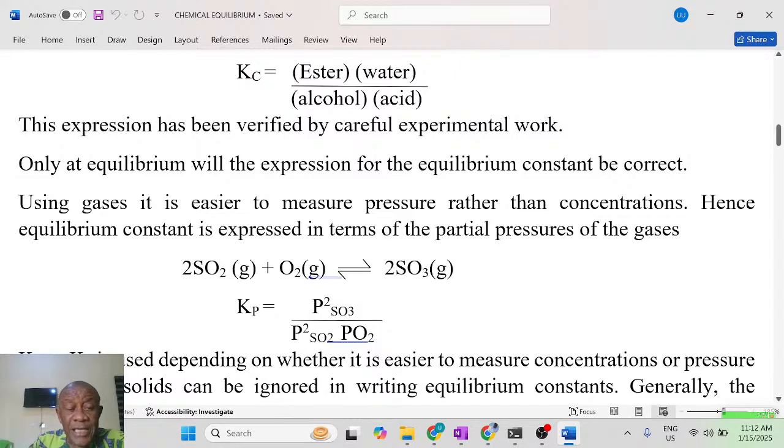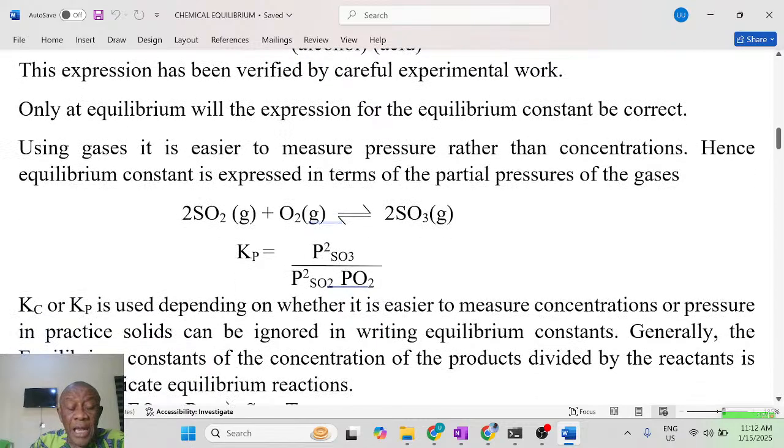Using gases, it is easier to measure pressure rather than concentration. We know about gases that they move at a high speed. Hence, the equilibrium constant is expressed in terms of partial pressure of the gases. For example, we have 2SO2 plus O2 giving 2SO3.